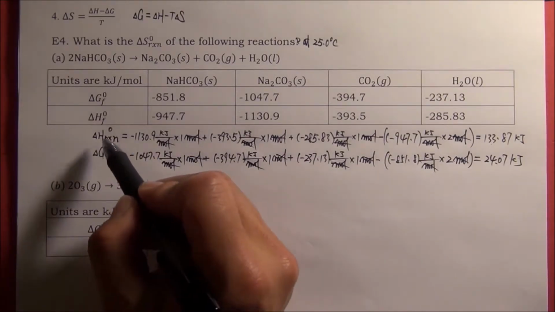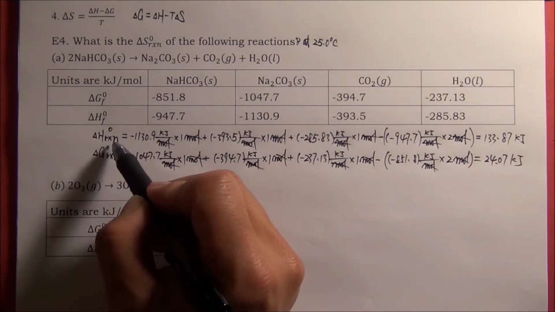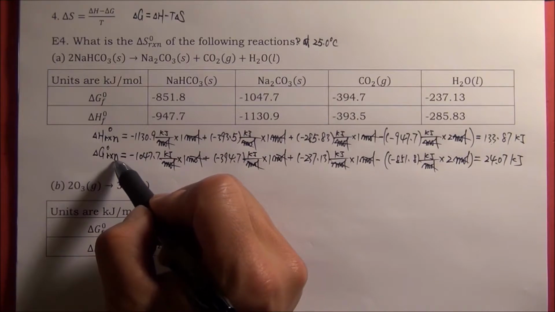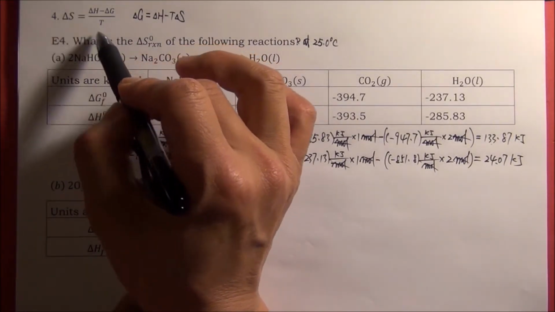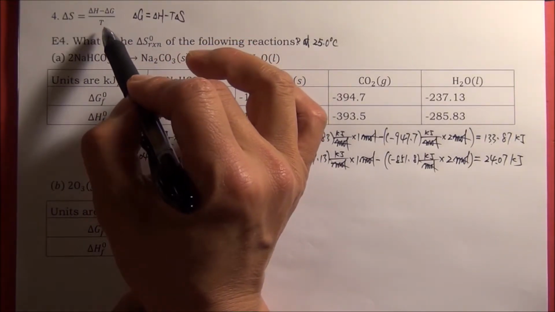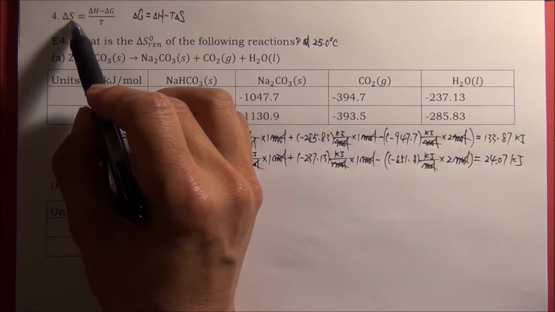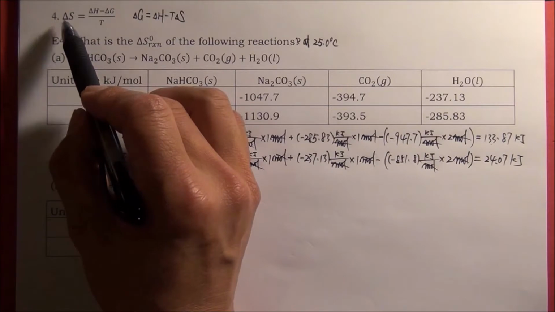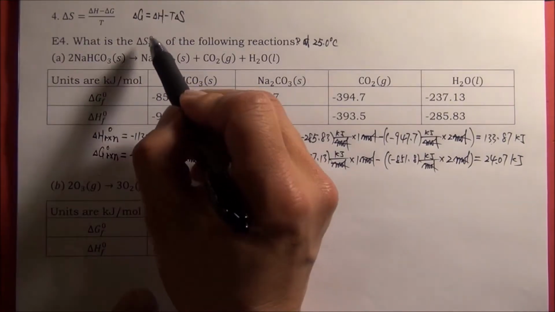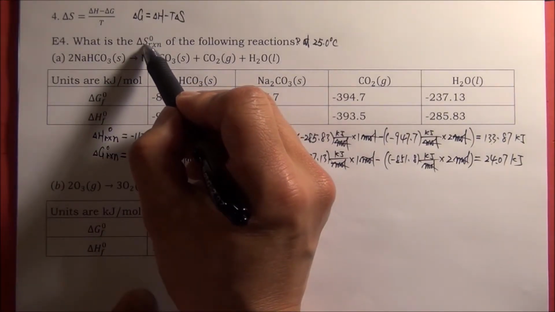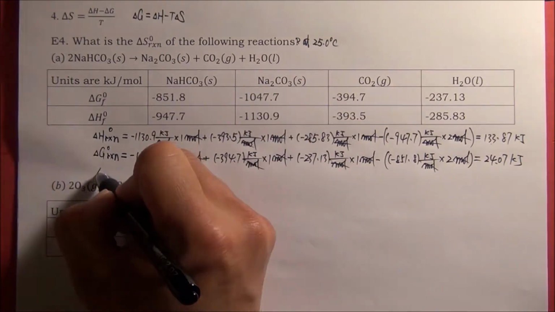After we get the standard enthalpy of reaction and the standard Gibbs energy of reaction, we just plug in both to this equation, and then we will calculate the entropy change for this reaction, which we call the standard entropy of reaction.